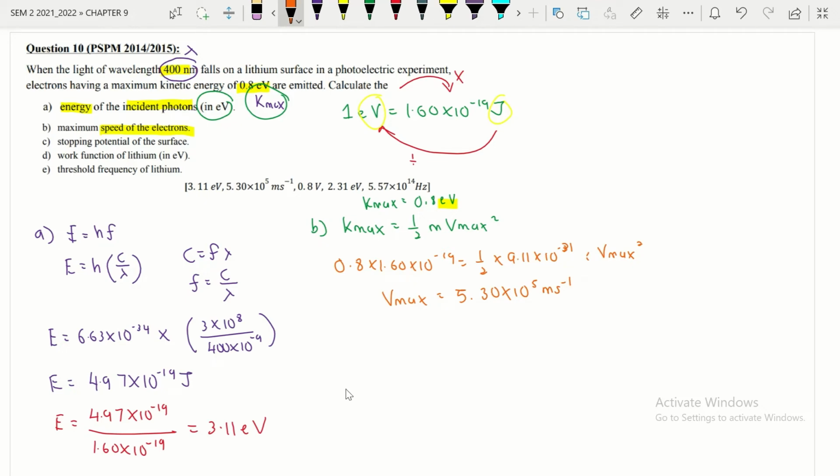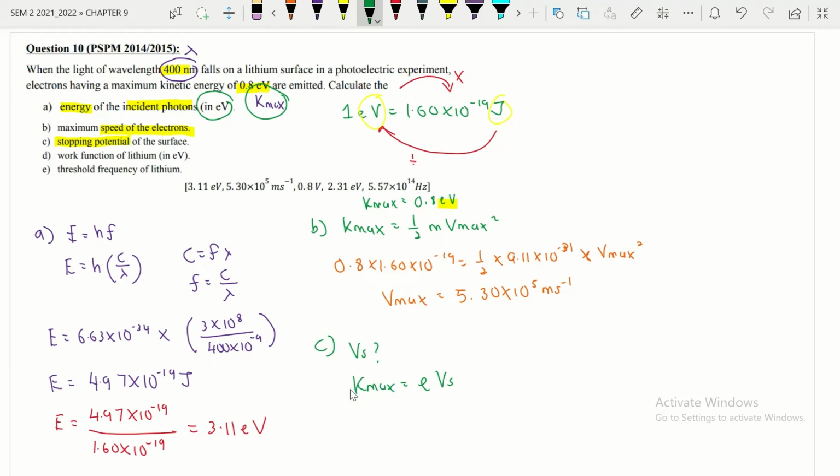Okay, understand? So, the next question will be stopping potential. How do you find the stopping potential? We know the maximum kinetic energy formula is equal to electron charge times stopping potential.